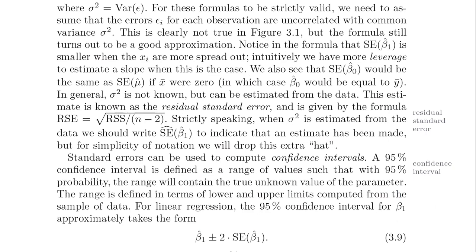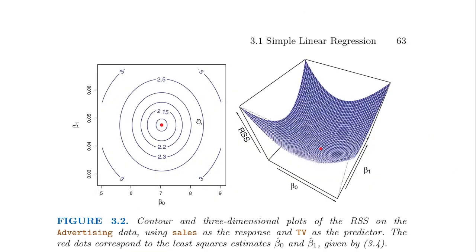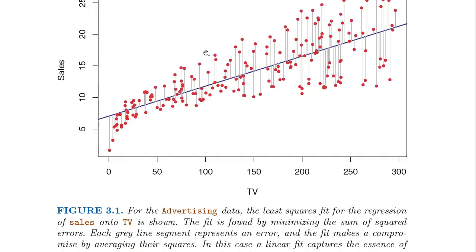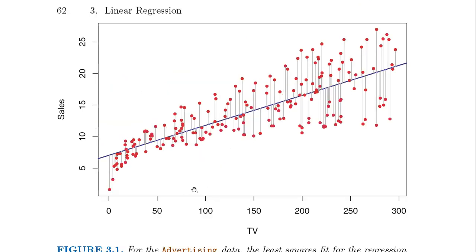For these formulae to be strictly valid, we need to assume that the errors epsilon I for each observation are uncorrelated. This is clearly not true in figure 3.1. Do you know what they're saying over here?